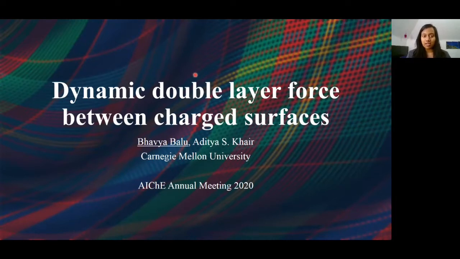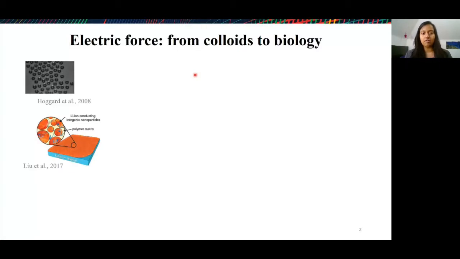Today I'm going to be talking about the dynamic double layer force between charged surfaces, which is the electric force between two charged surfaces in an electrolyte. Charged surfaces in electrolyte have a lot of different applications. The standard example is an electrochemical cell where there's a solid electrode in contact with an electrolyte.